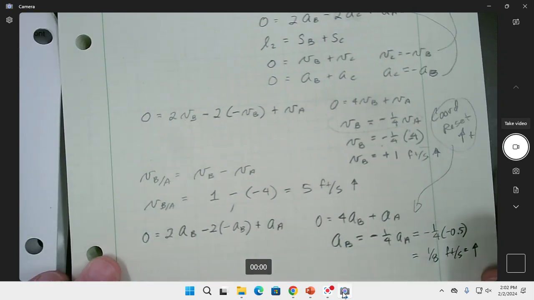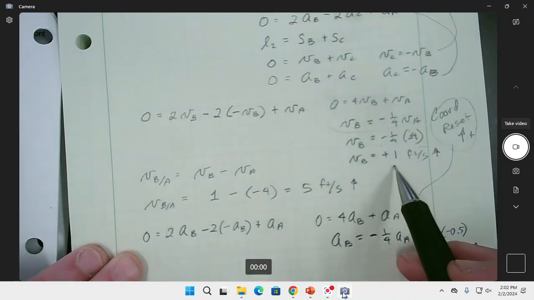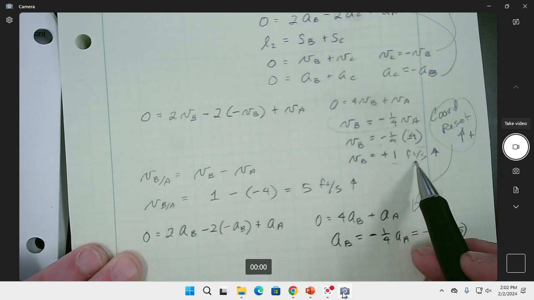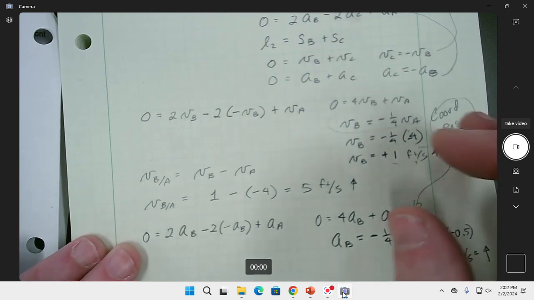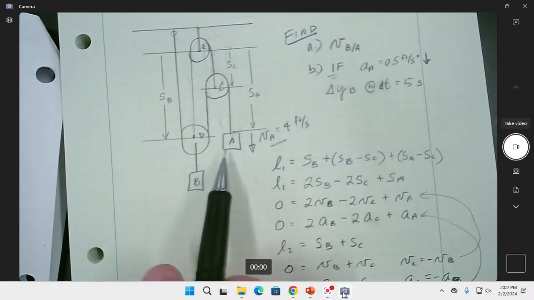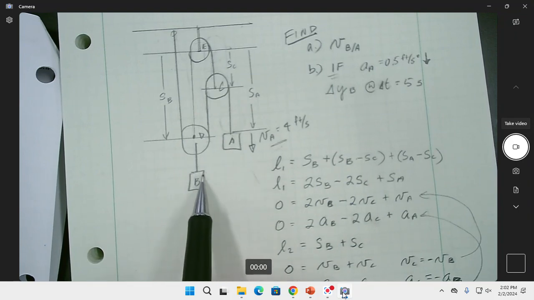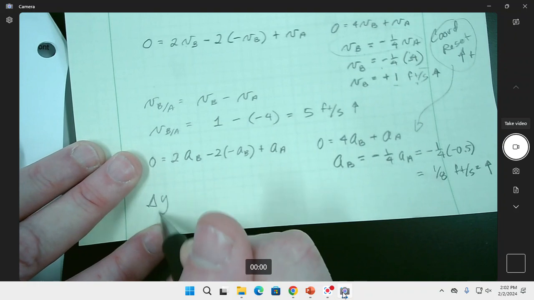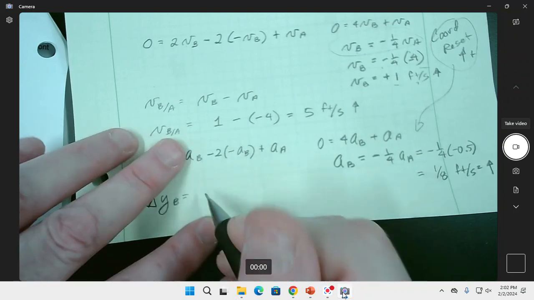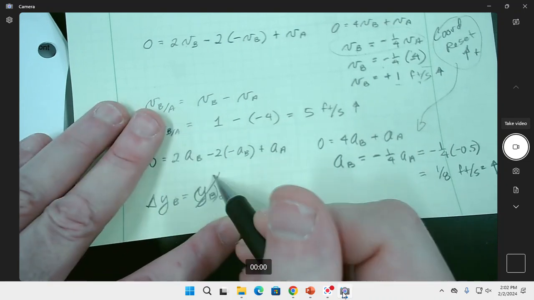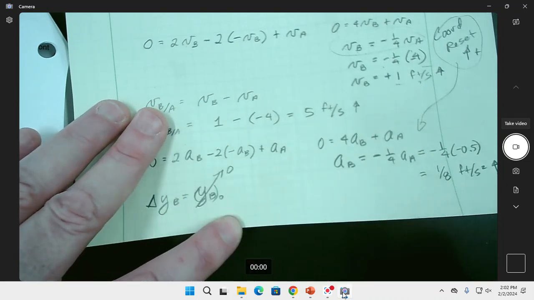So we already found up above that this thing is moving 1 feet per second upwards, right? Initially, because we were told that VA was 4 feet per second, and that means that this is 1 feet per second going up. So if we want to have the delta Y of B, set it to be YB0, which we're going to say, well, let's just make that the reference.